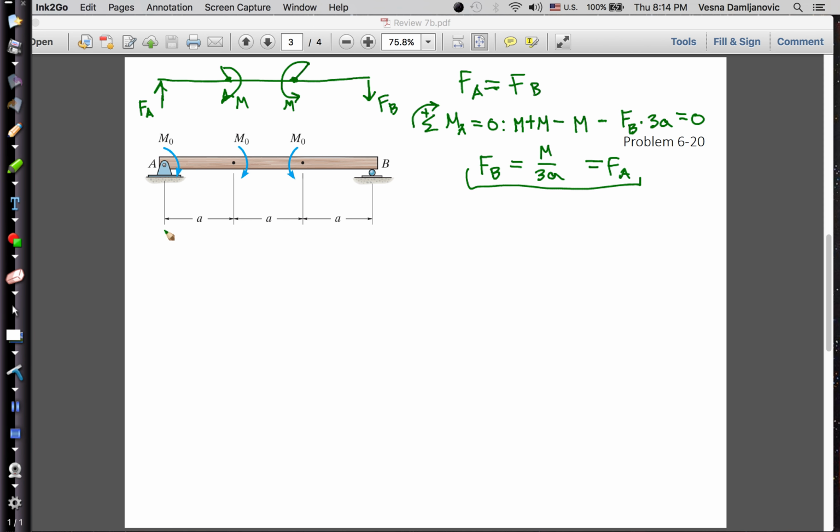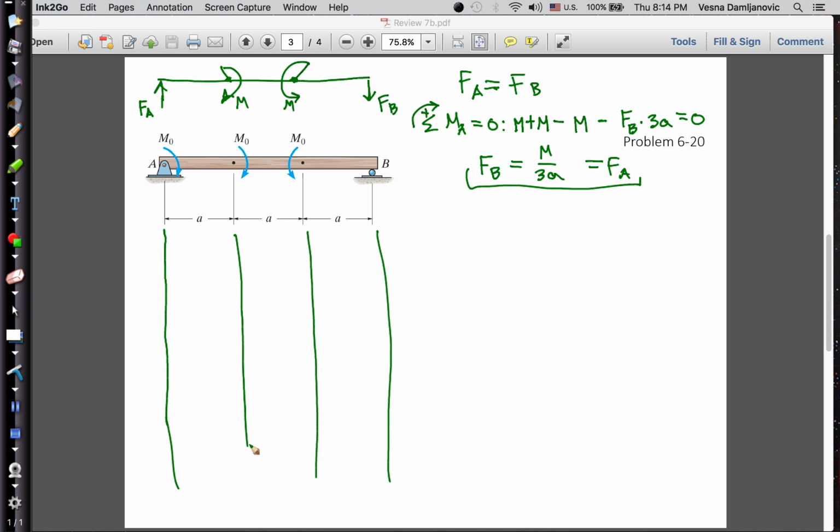The next step, as we said, is we have 3 sections, so we need to draw these lines down there like that and start working on section by section. So red, okay, goes from 0 to A. So that's our first section.